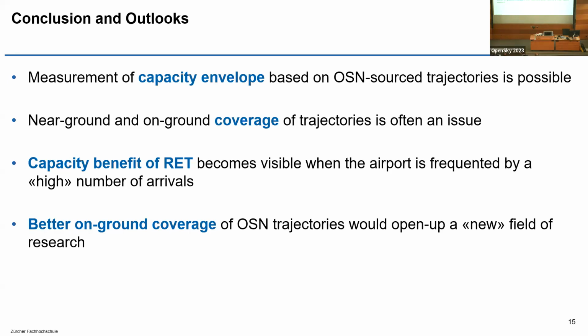Because there is sometimes limited coverage near the ground and on the ground, that's an issue which has not been solved nowadays. Then the capacity benefits of a RET become visible when the airport is frequented by a high number of arrivals. Therefore, that's what you see in the envelope when you compare pre and post rapid exit taxiways.